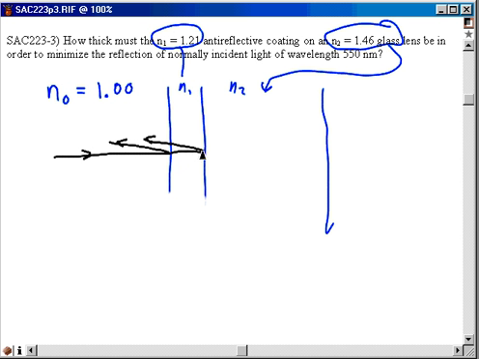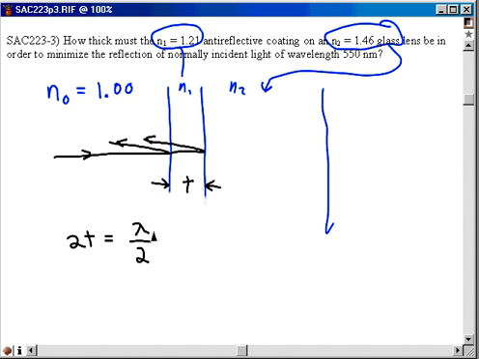This one travels this much plus that much further, approximately 2 times the thickness of our coating farther. So the path difference is about 2t if the thickness is t, and we want 2t to be equal to half a wavelength. That way, for instance, the crest of one wave would be interfering with the trough of the next wave.